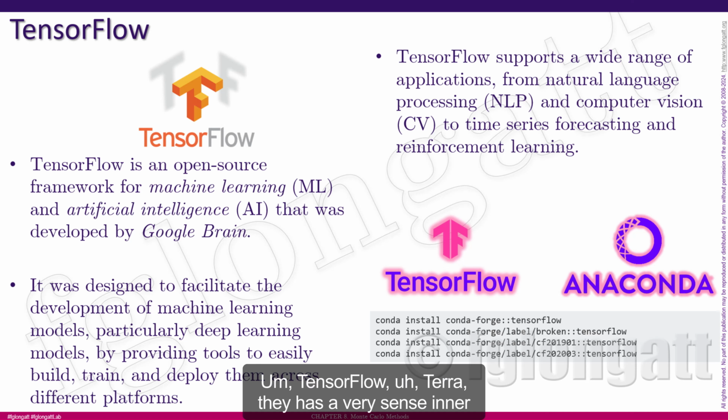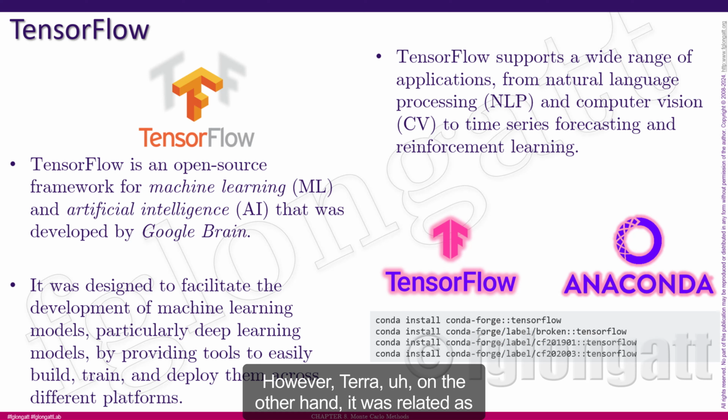TensorFlow and Keras have a very synergetic relationship. TensorFlow is an open source machine learning framework developed by Google, but to be honest, version 1 was quite demanding for programmers because you needed a very deep understanding in order to use the tools and libraries for building and deploying machine learning models.